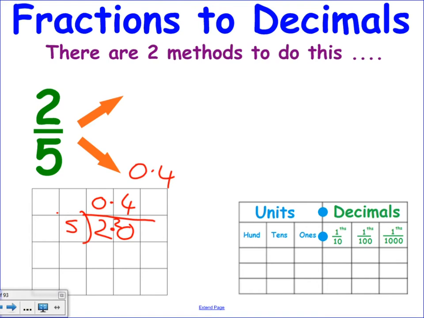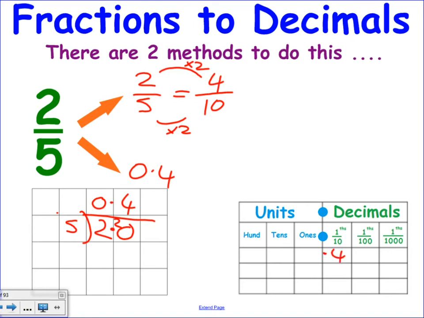There's another way, a cleverer way of doing it. Anybody want to hazard a guess on how to do it? I've got 2 over 5, but I know I'm dealing in tenths or hundredths. So if I say I want to deal in tenths, what have I done? It's equivalence. Times it by 2. If I do that by 2, if I do that by 2, I end up with 4 tenths.